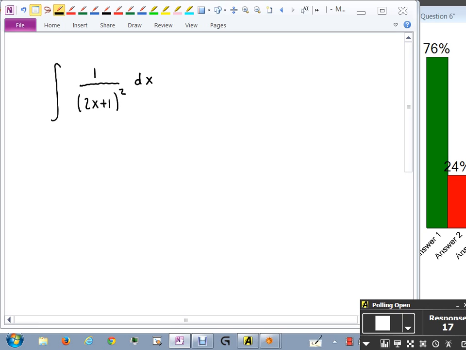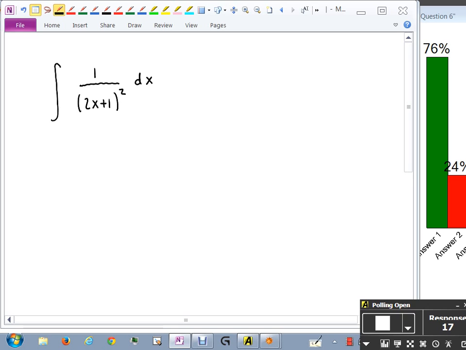Does that look like anything out of your common things? Like the arctan, or no? The whole quantity is being squared, right? In arctan, it's just that one piece, x squared, 1 plus x squared. So this is the entire quantity being squared. It's not the same.